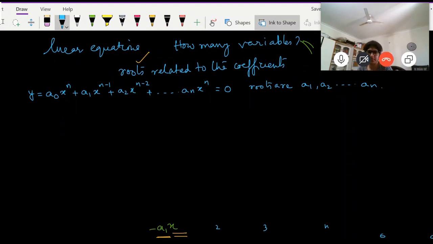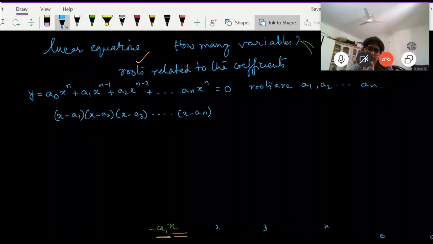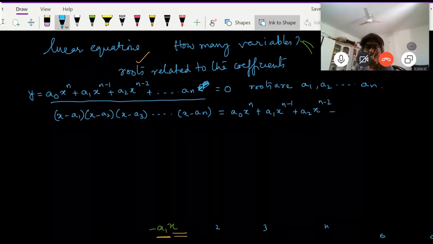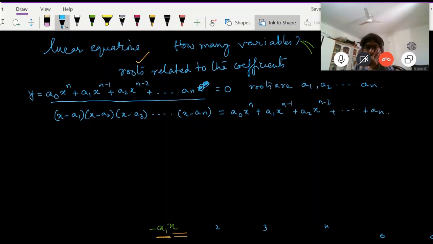So we can write this in the form x minus a1 into x minus a2 into x minus a3 all the way up to x minus an is equal to this whole thing, a0 x to the power n plus a1 x to the power n minus 1 plus a2 x to the power n minus 2 all the way up to an, right?